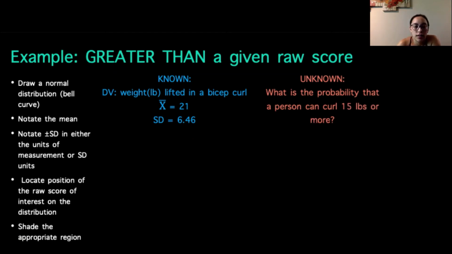Now let's do another example, but instead of looking at values below a certain raw score, we want to look at what's the probability a person can curl more than a certain raw score. So we'll do red pen color again. We have our distribution here.